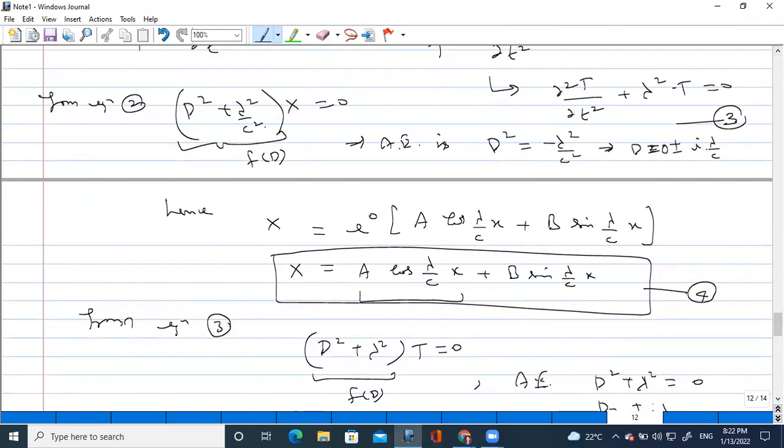It is lambda square by C square, X, lambda square by C square, C square lambda square.